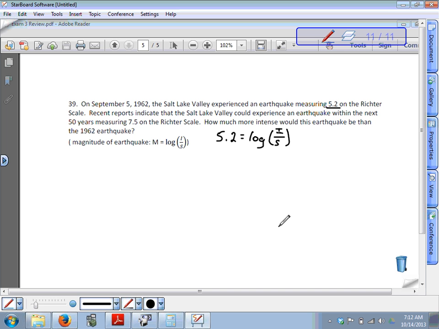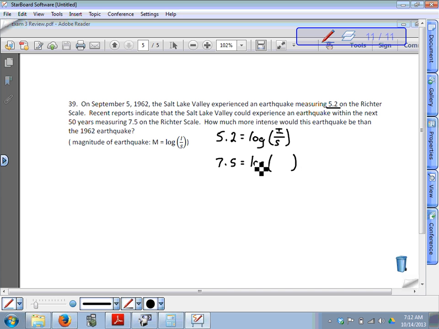What we need to figure out now is how much more intense an earthquake would be if it measures 7.5. So now we have 7.5 as a magnitude, and that's equal to the log.